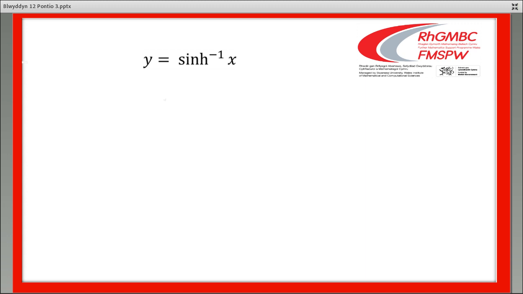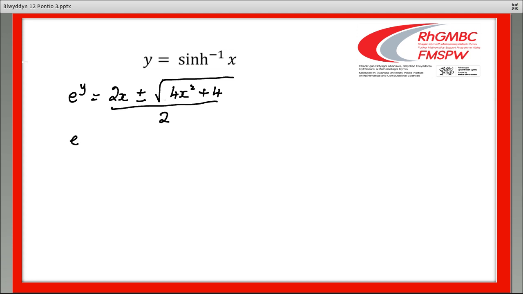So again, we're carrying on with sinh to the minus 1 of x. e to the power of y equals minus b, so 2x, plus or minus the square root. b squared is going to be 4x squared minus 4 times a times c. So that's going to work out as plus 4, because it's plus 1 and minus 1. And that's all divided by 2.